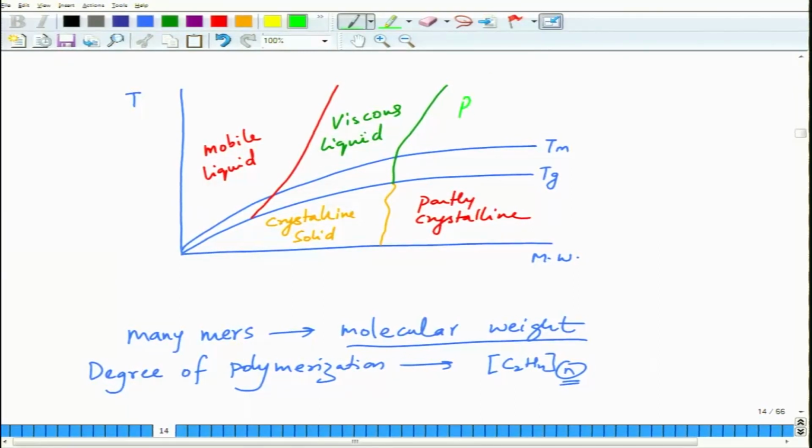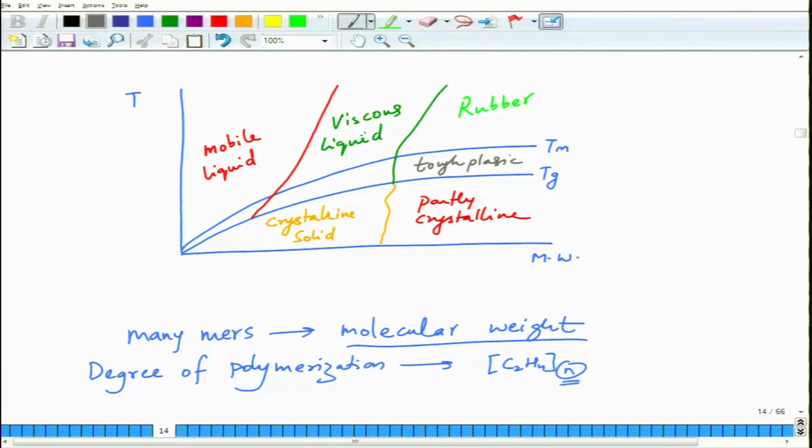And then at very high molecular weight, it tends to become a rubber-like material, and then in between somewhere, here, it acts like a tough plastic. Okay. So, these are typically the regimes of polymers as a function of molecular weight with respect to temperature.